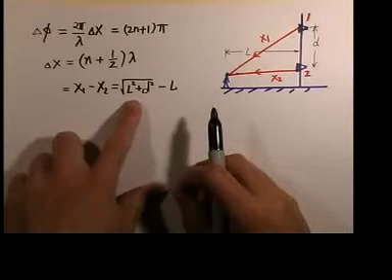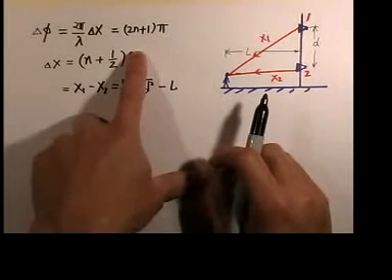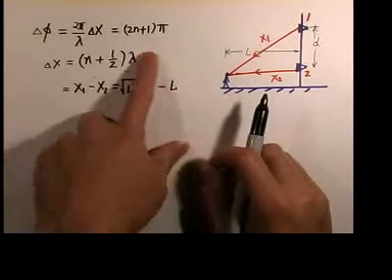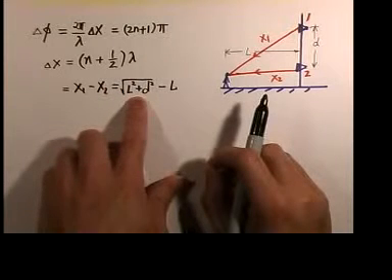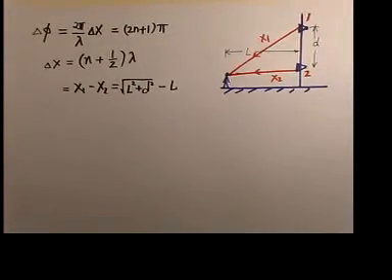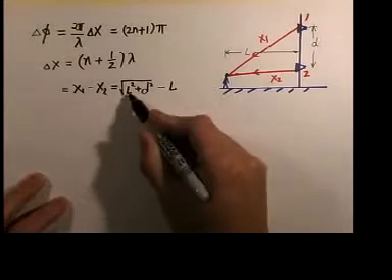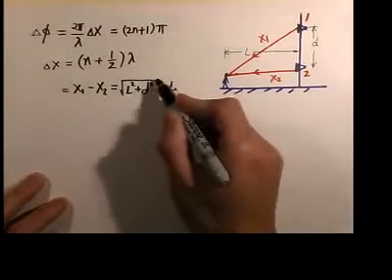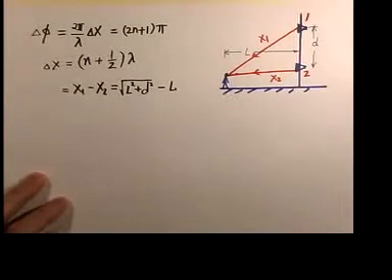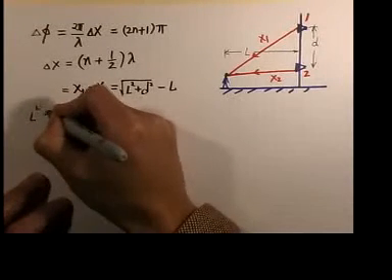There is a square root. I don't want that, so I'm going to move that L to that side, and now I only have the square root on this side, and then I'm going to square both sides. Very simple algebra. If you do so, on this side there's only L squared plus D squared. Remember, the square root is gone because you took the square of that side. So you get L squared plus D squared, right?